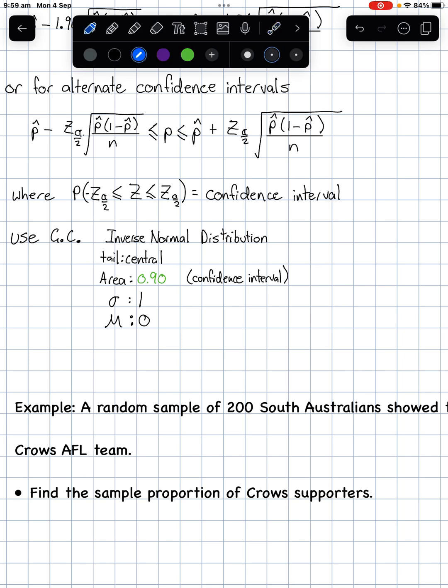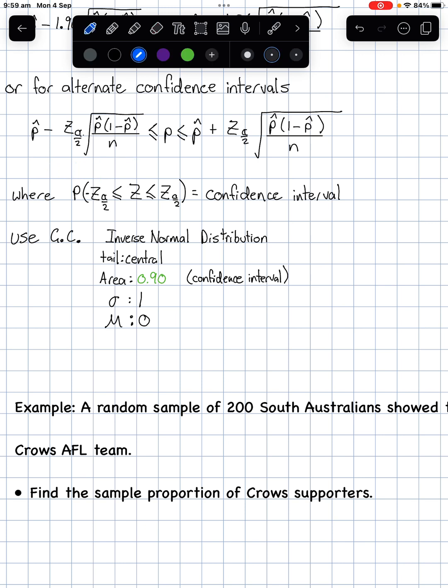When I put that in, for a 90% confidence interval, I would be going my proportion minus 1.64, and then square root. I'll do it below so we can see it.